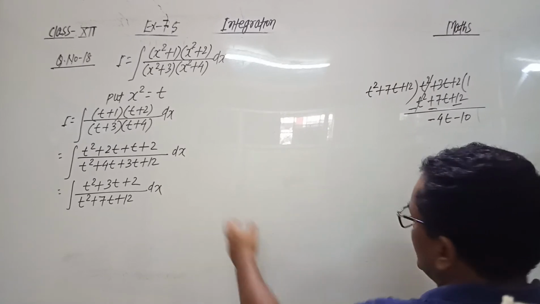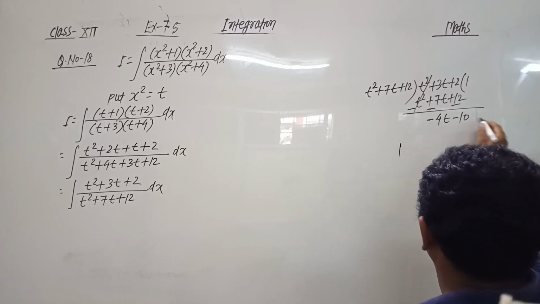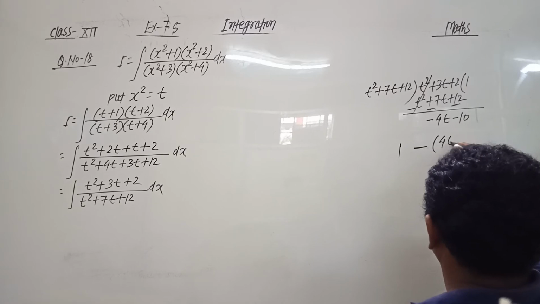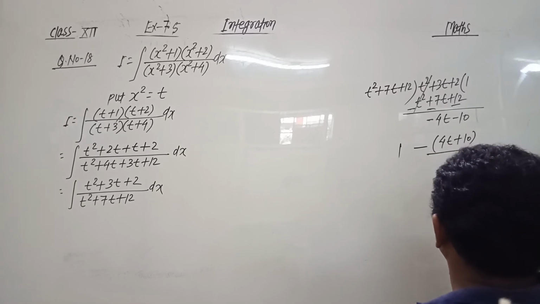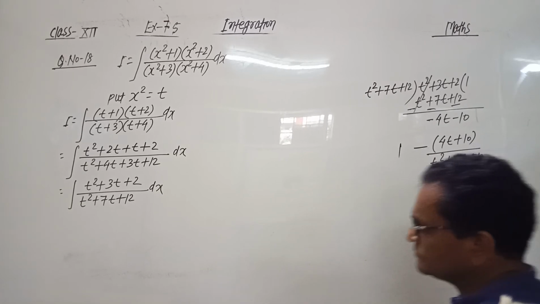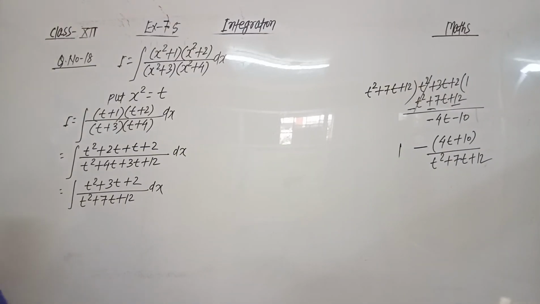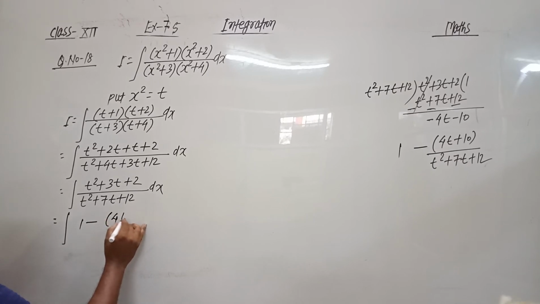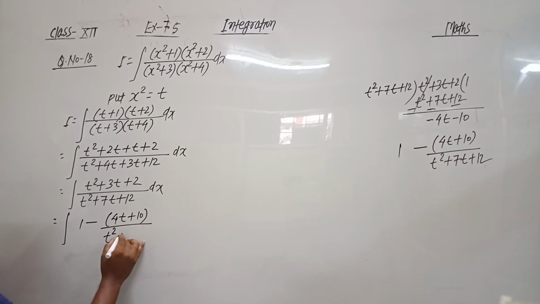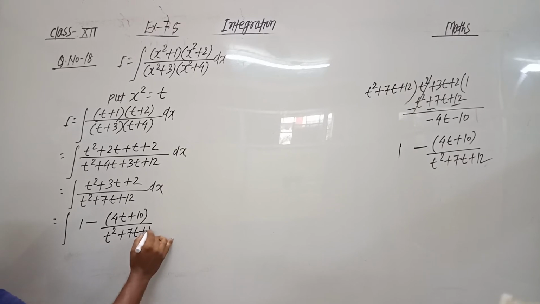So this expression can be written as 1, and taking minus as common, 4t plus 10 upon t square plus 7t plus 12. So we will write integration of 1 minus 4t plus 10 upon t square plus 7t plus 12, dx.